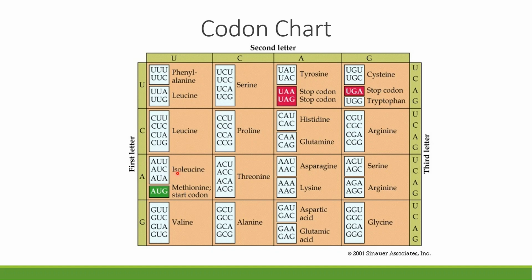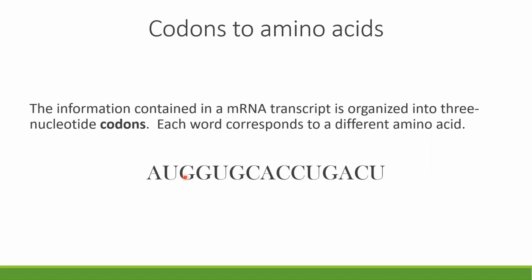And then lastly, you're going to keep track of that box. You're going to come over here and look at the third letter and see, okay, maybe it's a C. So an AUC is going to code for an isoleucine molecule. And that's how you use a codon chart. Here's an example of an mRNA strand, and they don't separate them out into 3 letters.